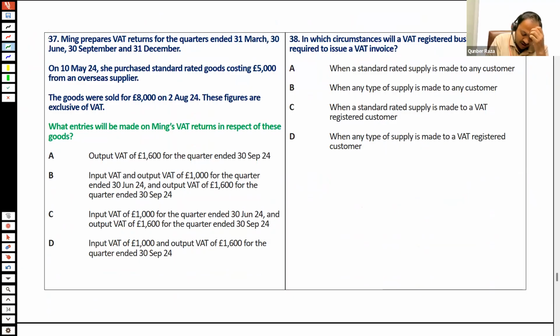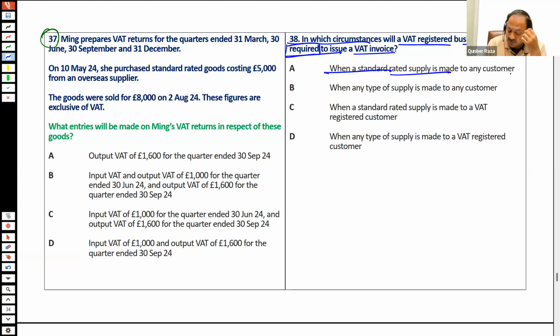I'll come to this question shortly, but I'd like to discuss this first. In which circumstance will a VAT registered business be required to issue a VAT invoice? Required means mandatory, not optional.